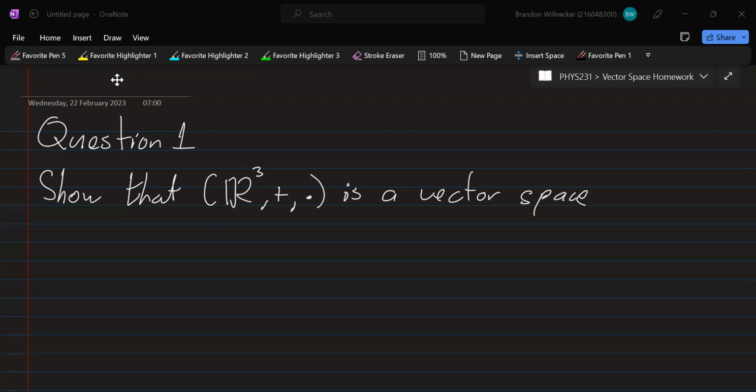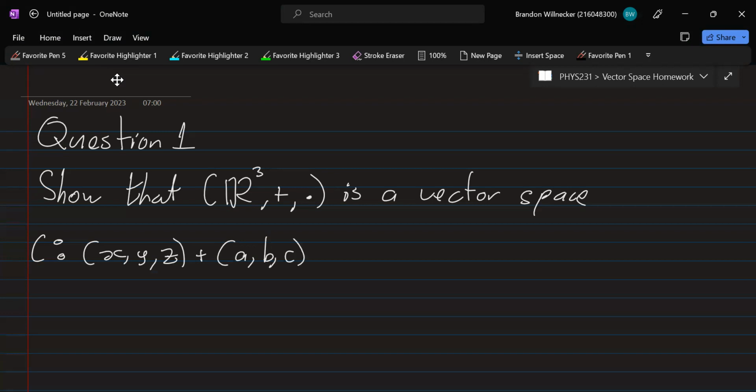Okay, so the first one is commutativity. So if we have x, y, z plus a, b, c, we should be able to swap these around. Let's show that first by applying the addition and then trying to split it back up again.